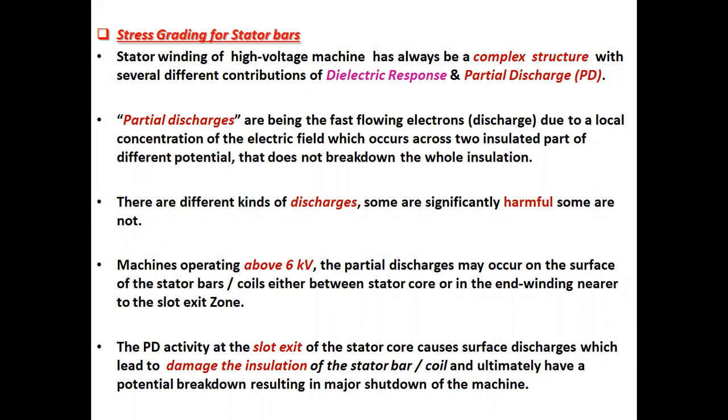PD activity at the slot exit of the stator core causes surface discharges which lead to damage to the insulation of the stator bar or coil and ultimately have a potential breakdown resulting in a major shutdown of the machine.